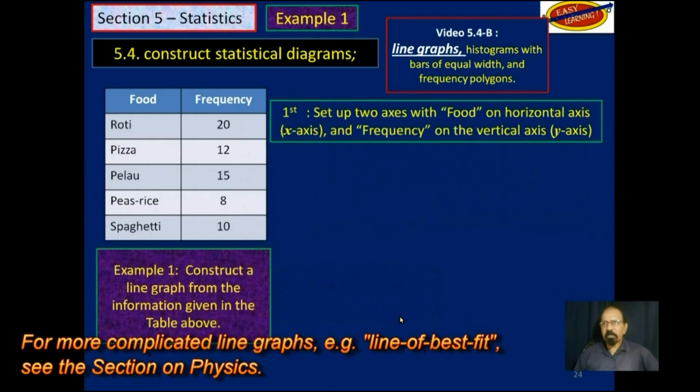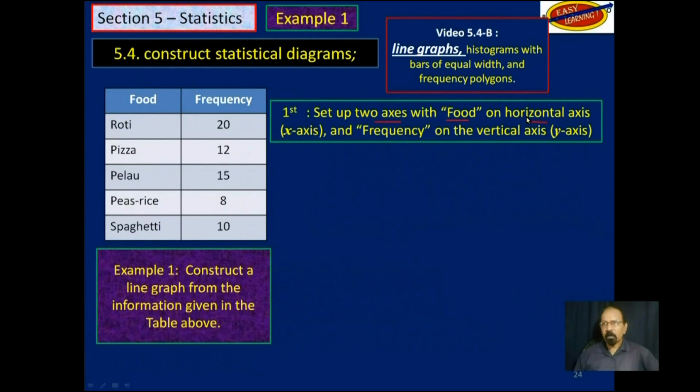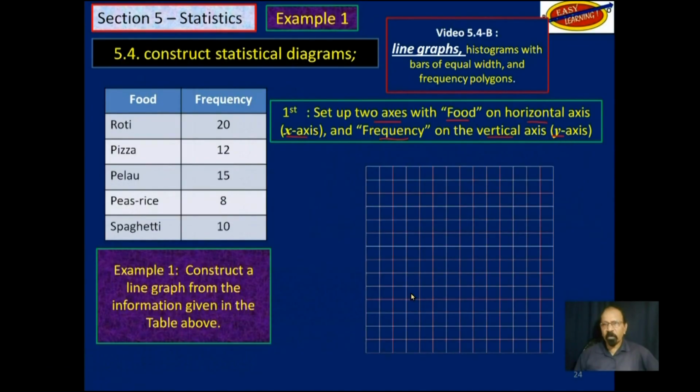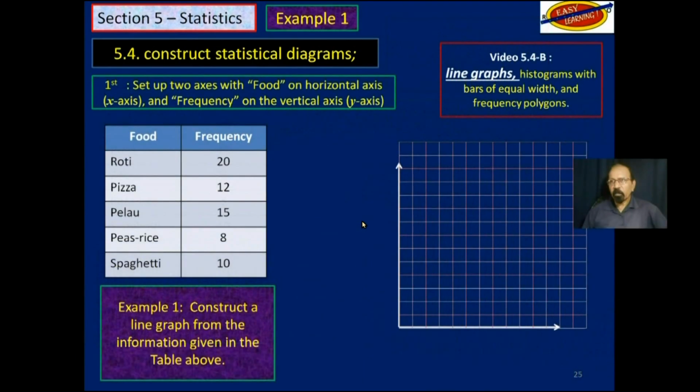So firstly, we will set up the two axes with food on the horizontal or the x-axis and frequency on the vertical or y-axis. So this is the grid we will use. We set up the x-axis down here, y-axis over here. We label them. This is food, and this one over here is frequency.